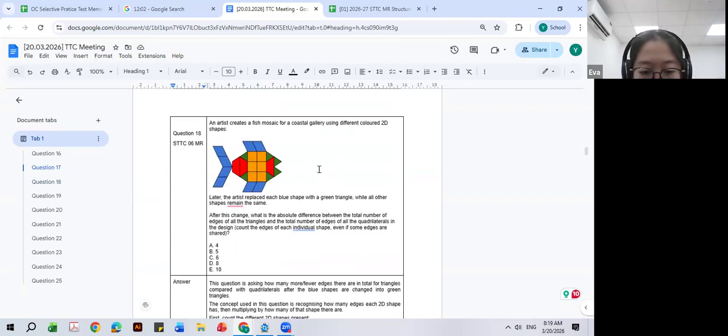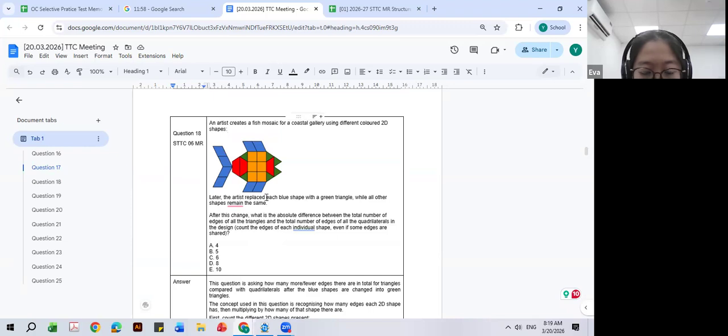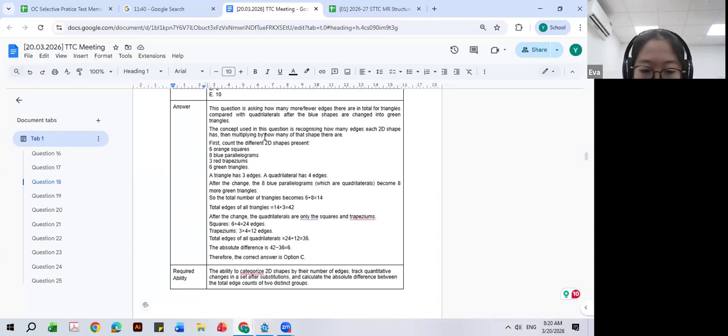parallelograms. And so we have the numbers here, and we will replace the blue parallelogram with the green triangle. Now we will find the total number of edges of all triangles.